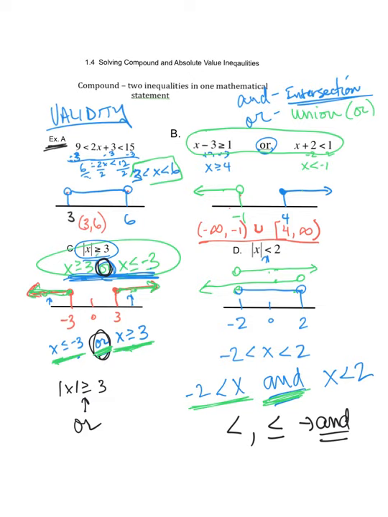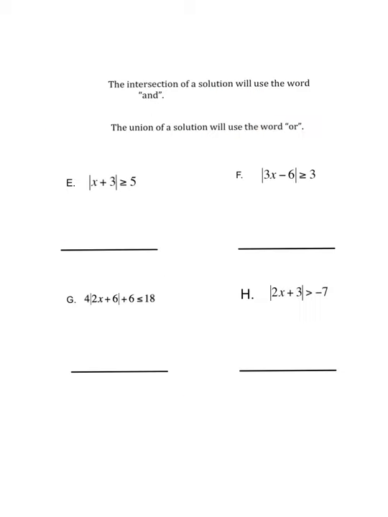So when we have greater than, we use OR. When we have less than, we use AND. Good enough? Hopefully, what you guys have learned from the first two problems that we did is that greater than or equal to, greater than will mean OR. Why? Because we're either going far to the right or far to the left. We're going away.